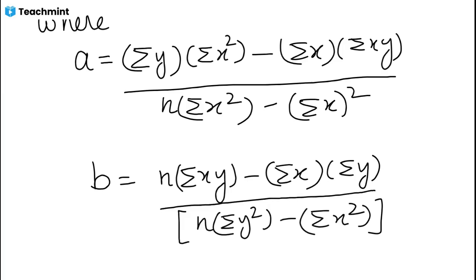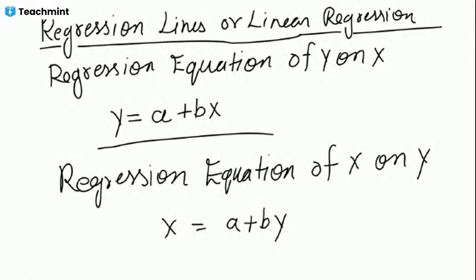If we have data, then we can find the values of a and b and put them here to find the regression equation of y on x and x on y.